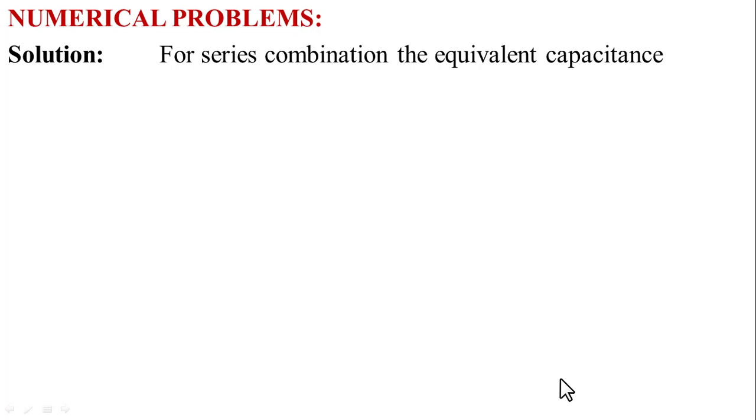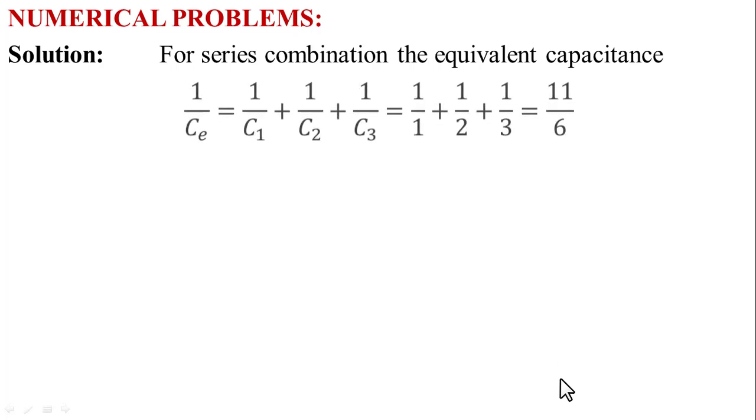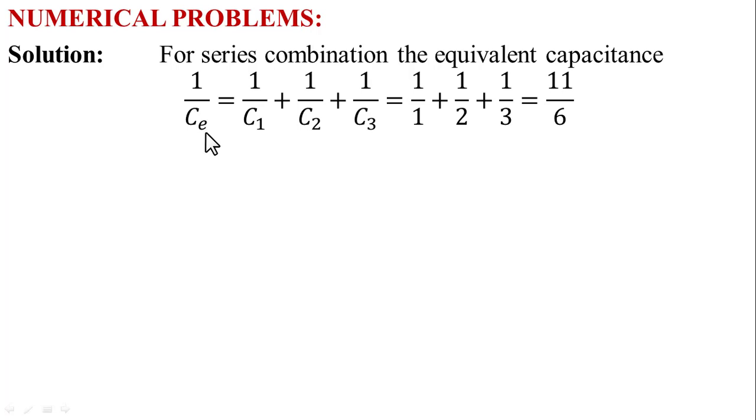Equivalent capacitance in a series combination: 1 upon C equivalent is equal to 1 upon C1 plus 1 upon C2 plus 1 upon C3. Putting the values, 1 upon 1 plus 1 upon 2 plus 1 upon 3, that is equal to 11 upon 6.